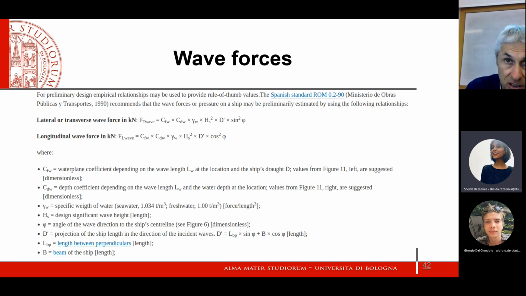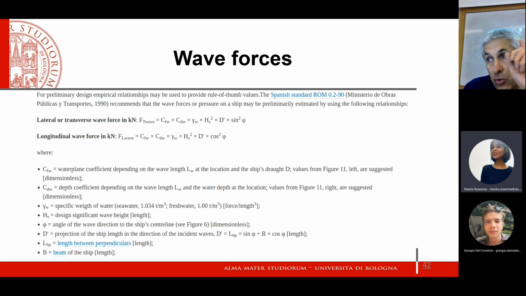You see that it comes again and again, this nautical term, multiplied by, you have to look at the last but two lines, length between perpendiculars times sin phi plus B, which is the beam of the ship, times cos phi. So this is the projection of the ship length.